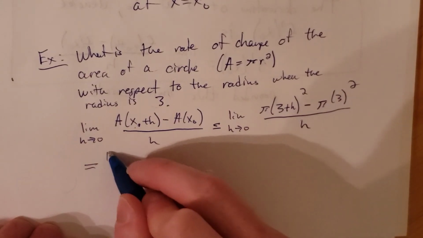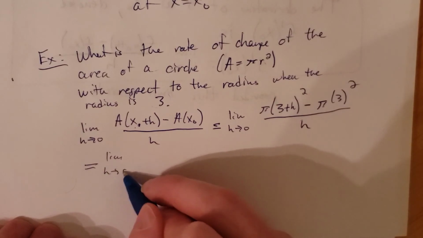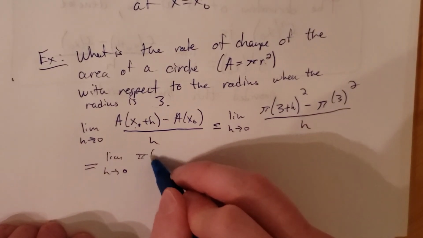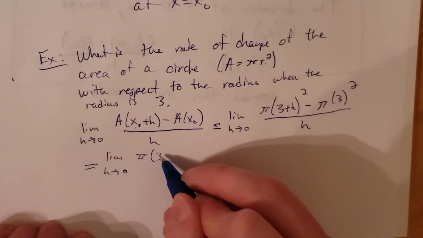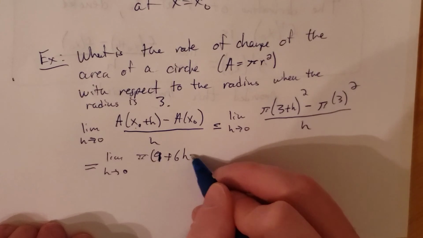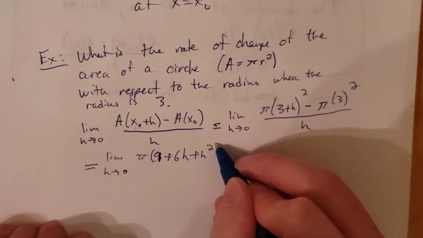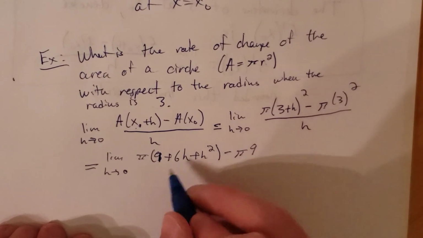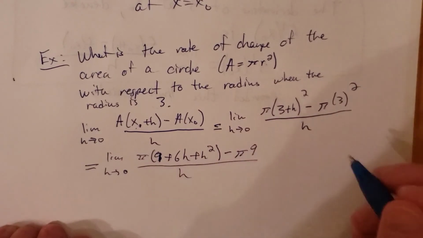This is equal to the limit as h goes to 0 of pi times 9 plus 6h plus h squared, minus pi times 9, all over h.